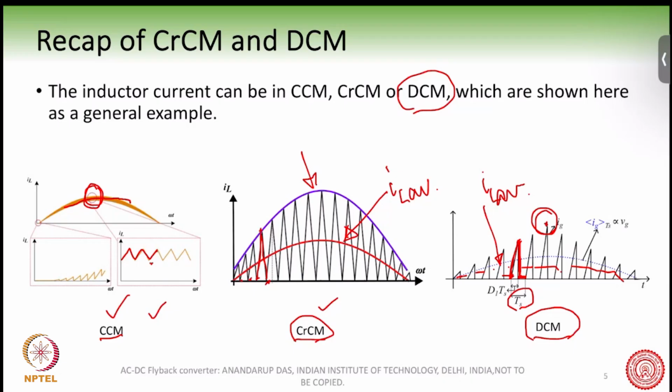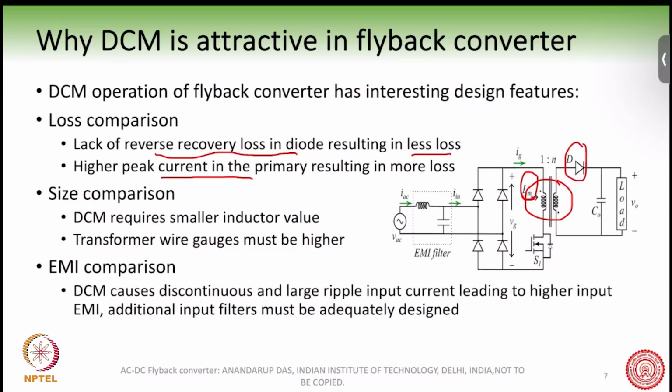Whereas in DCM, the peak current is way more than the average current, right? So that is the problem in this converter. Higher peak current means you have to design your inductor so that it does not saturate, and you have to also take wires such that it can handle that peak current safely. So maybe the wire gauge may increase a little bit.